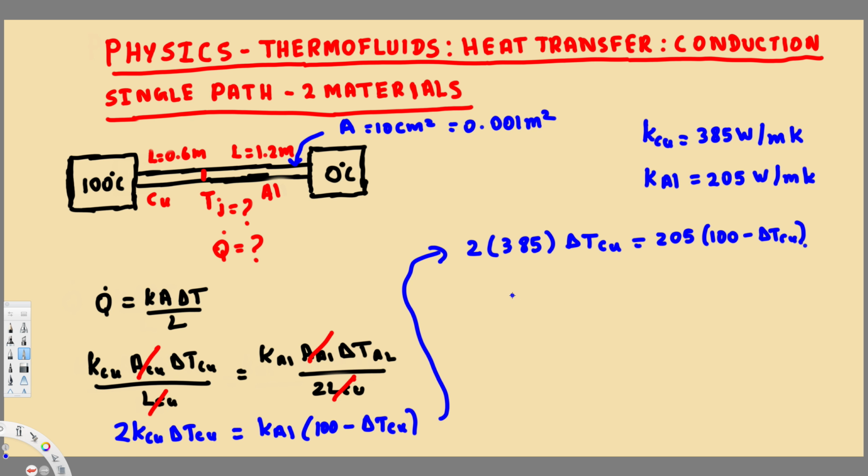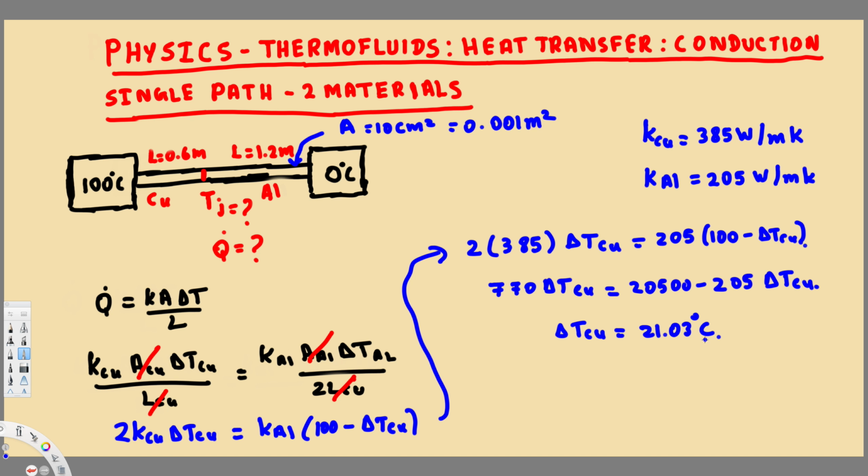Now let's solve for delta T_Cu. Simplifying, this is 770 delta T_Cu equals 20500 minus 205 delta T_Cu. If you solve for delta T_Cu, you should get 21.03 degrees Celsius.